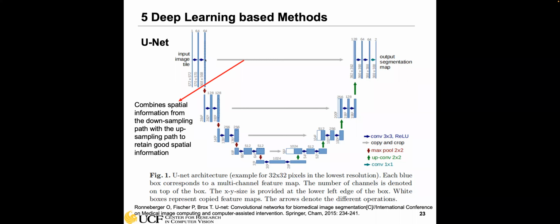For the encoder part, we have this conv layer, we do the pooling, and we reduce the size. Let's look at this particular layer here, which is a 28 by 28 feature map, and we do the upsampling.